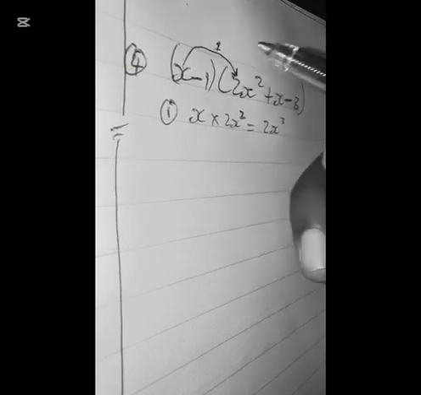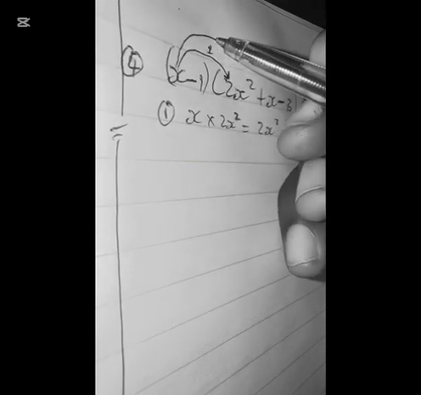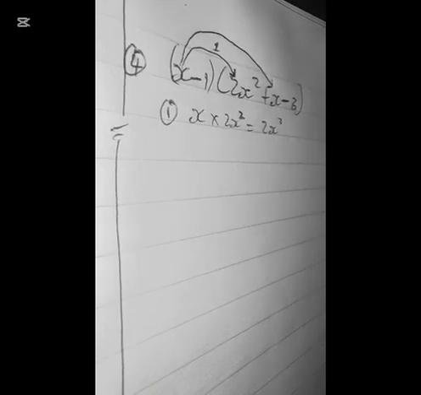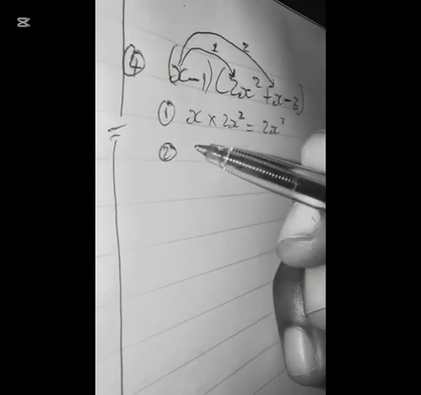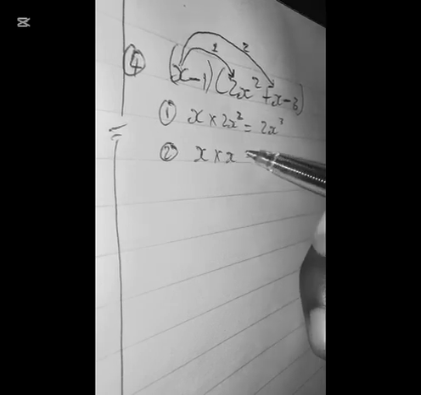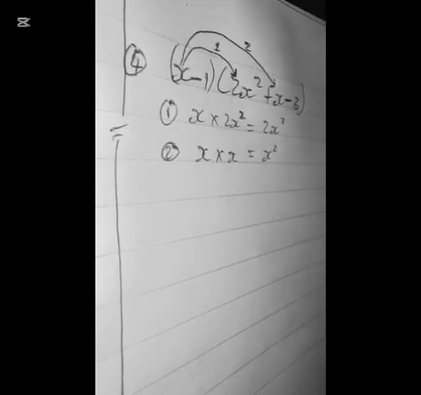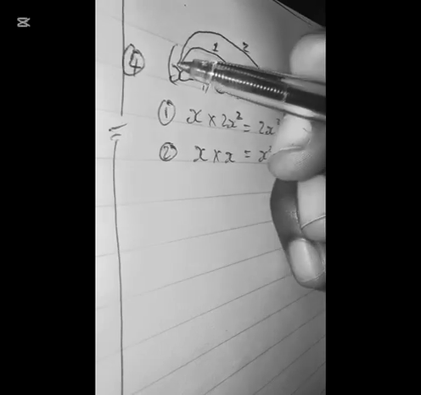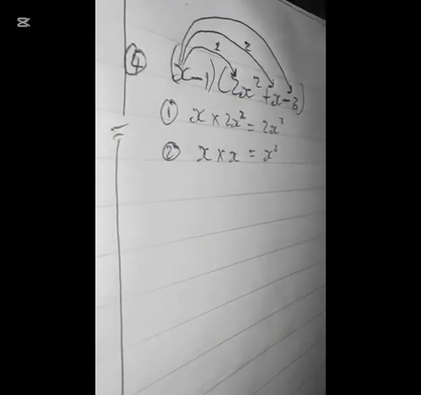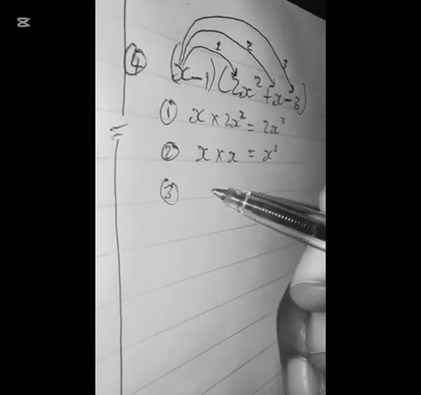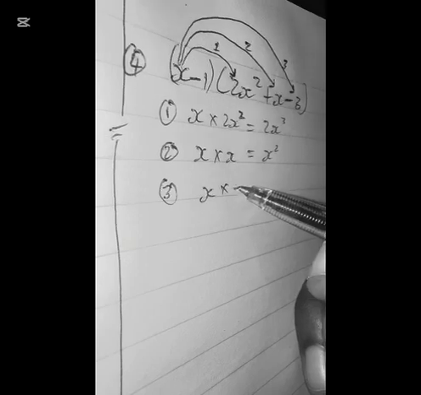Then this x will multiply this x, it will be root number 2. Root number 2 is x multiplied by x, which gives x squared. Then again, this x will multiply negative 3. Root number 3 will be x multiplied by negative 3.